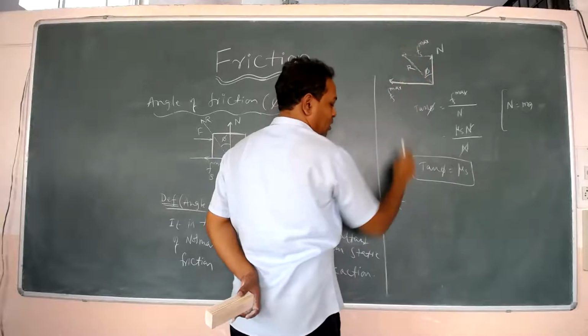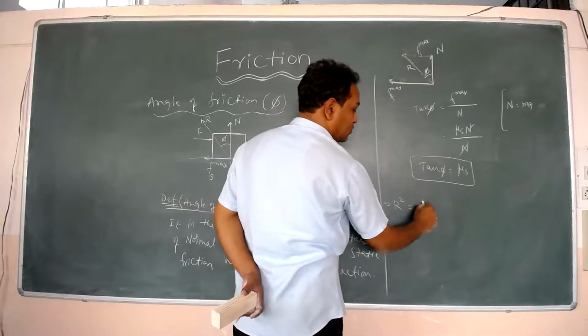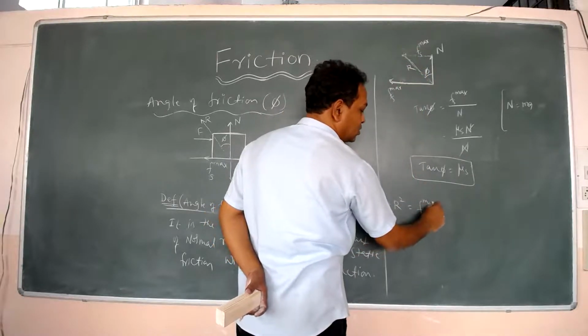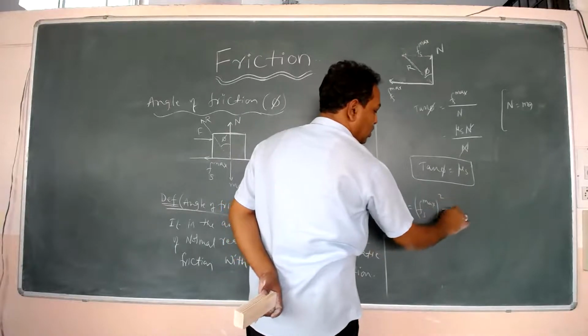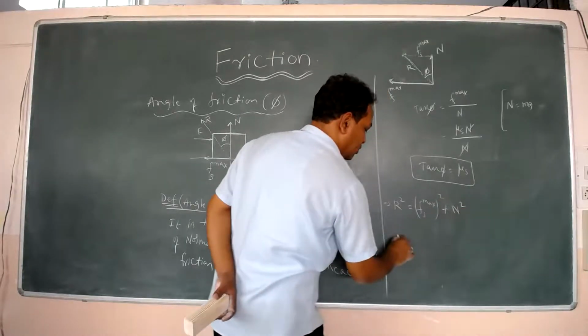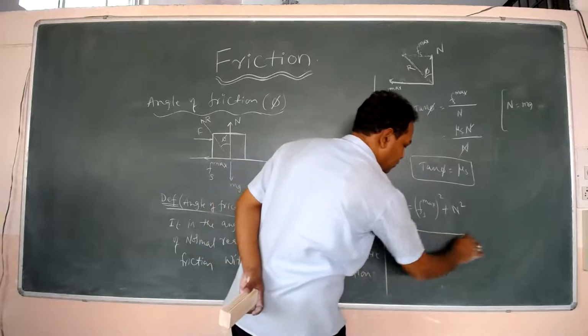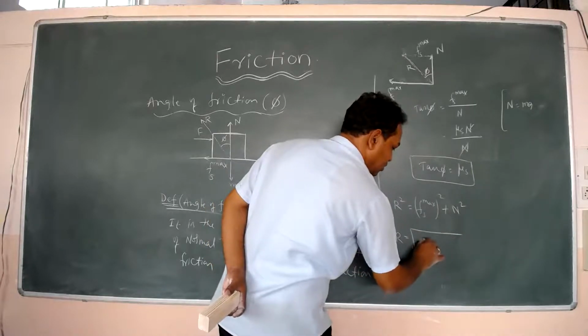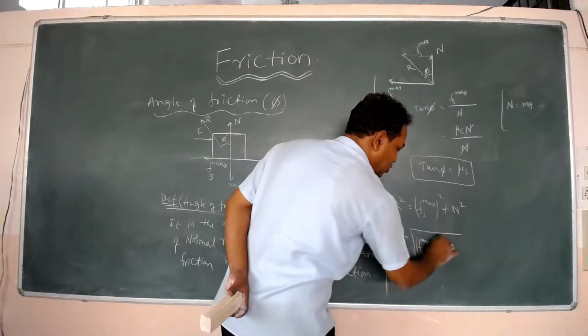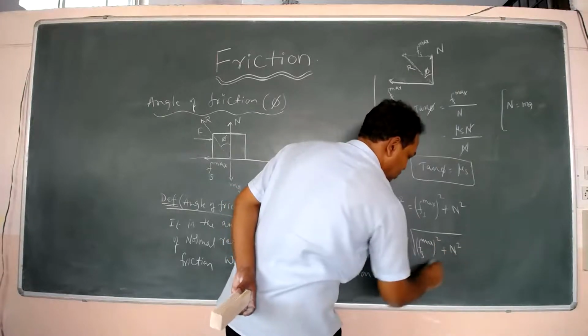Then R square is equal to Fs max whole square plus N square. Therefore, R is equal to root of Fs max whole square plus N square.